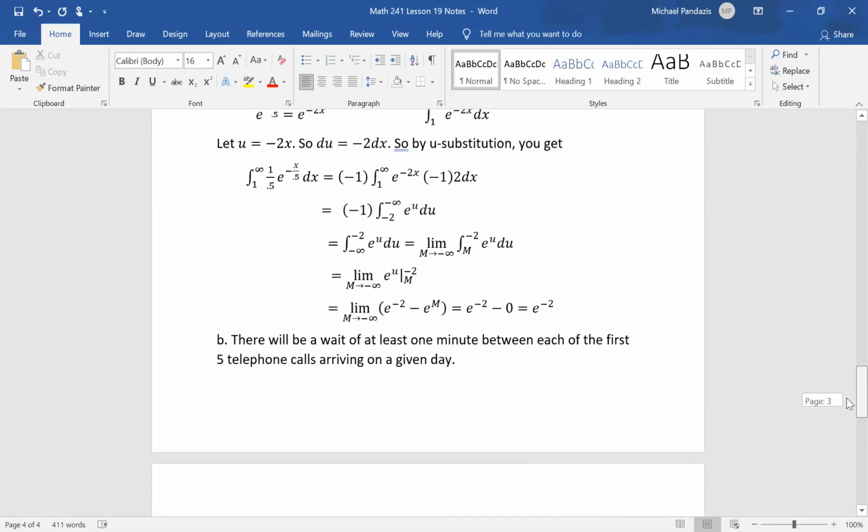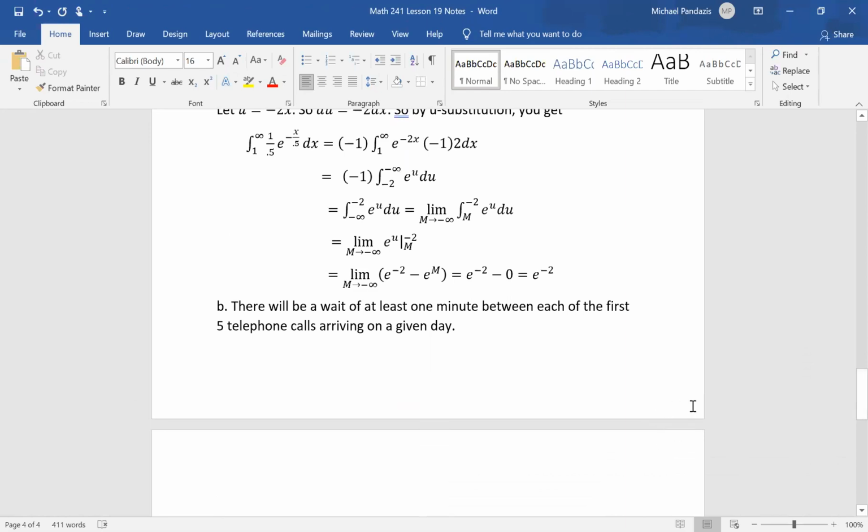We want to find the probability of a wait of at least 1 minute between each of the first 5 telephone calls on a given day.